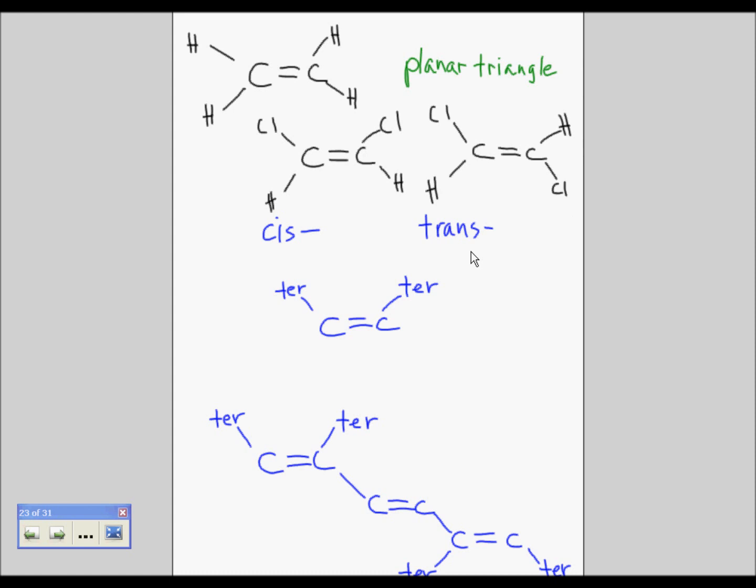So all this to set up a chemistry joke. So if you have TER on the same side of a double bond, and TER doesn't mean anything, it's just something for the joke, what would you have? You'd have sisters. So that would be cis. Because they're on the same side of the double bond. So that's sisters.